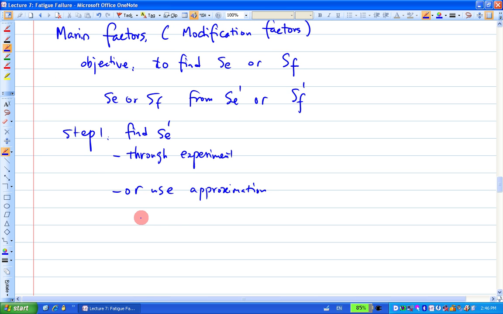For steel, your SE prime is equal to 0.5 SUT, and that's when your SUT is less than 200 KSI. 200 KSI is about 1,400 megapascals.